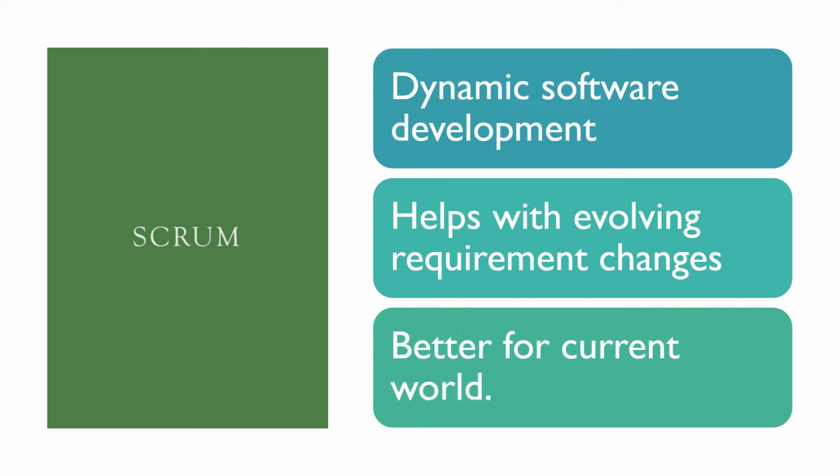Let's say I have to build a website. So now I will break down this entire website into smaller features. I will write user stories for these features. I will pick one element, and I will have a 2 to 4 week sprint where the development will happen. I will work on one particular set of user stories. I will show it to the client, get their feedback.